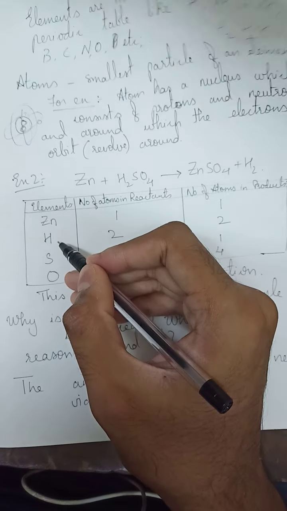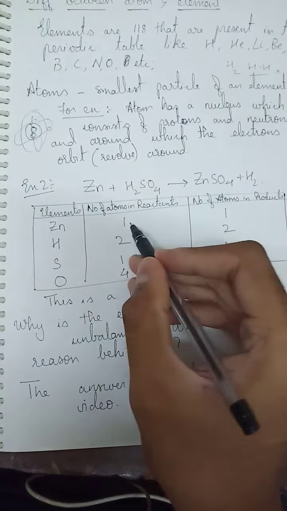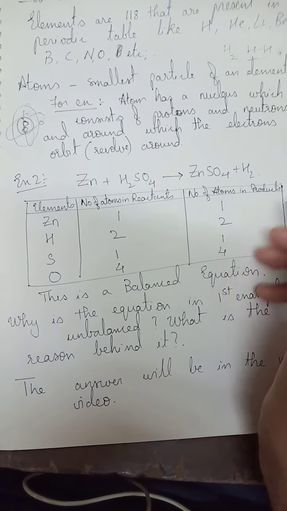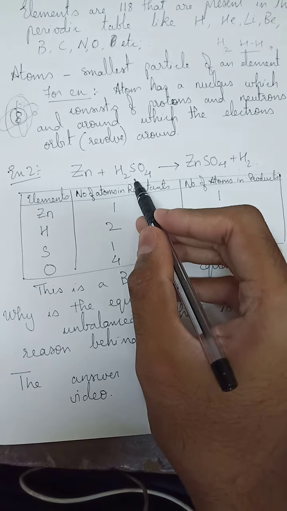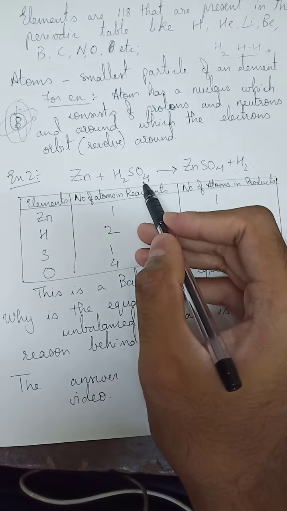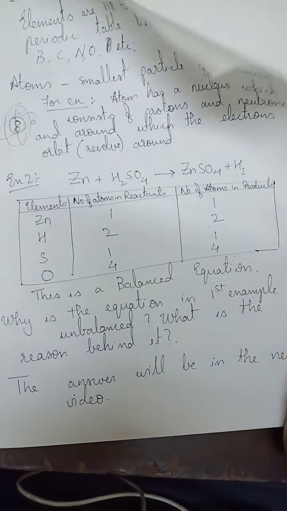Zn is zinc, H is hydrogen, S is sulfur, O is oxygen. There is one zinc on the reactant side and one zinc on the product side. Okay, balanced. There are 2 hydrogens on the reactant side and 2 hydrogens on the product side. Balanced. There is 1 sulfur on the reactant side and 1 sulfur on the product side. Balanced. There are 4 oxygens on the reactant side and 4 oxygens on the product side. So this is a completely balanced equation.